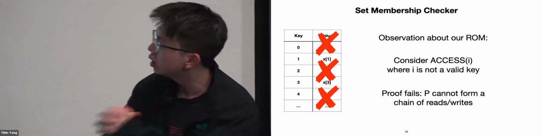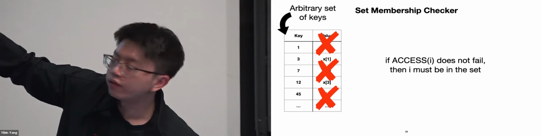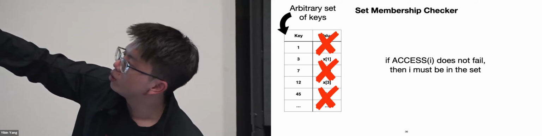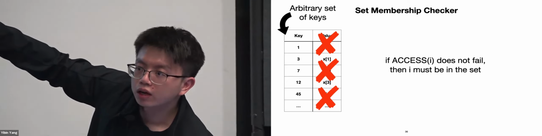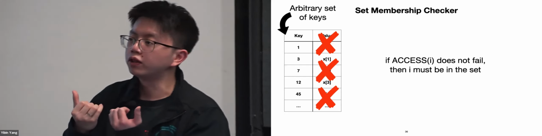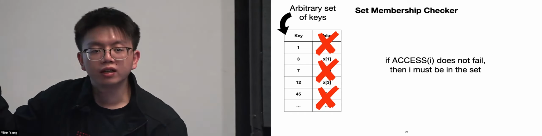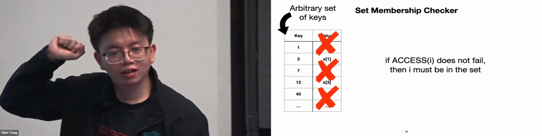Essentially, even though in this example, in the read-only memory, you have a key space of 1, 2, 3, 4, 5, a continuous array, you don't need to. You can have arbitrary sets. So I'm just going to name this a zero-knowledge set, where the prover and the verifier agree on some publicly known set. And each time the prover just wants to show to the verifier that some commitment belongs to this set. If you think about it carefully, this can actually be used in our batch protocols.